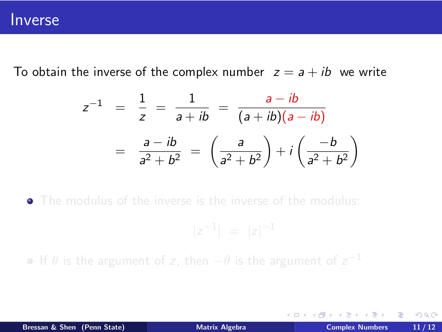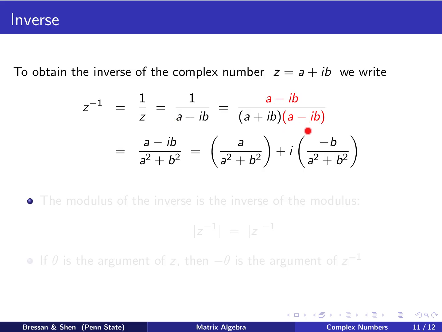To figure out the real and imaginary parts of this number, one can multiply both the numerator and the denominator by the complex conjugate of this number, which is a minus ib.